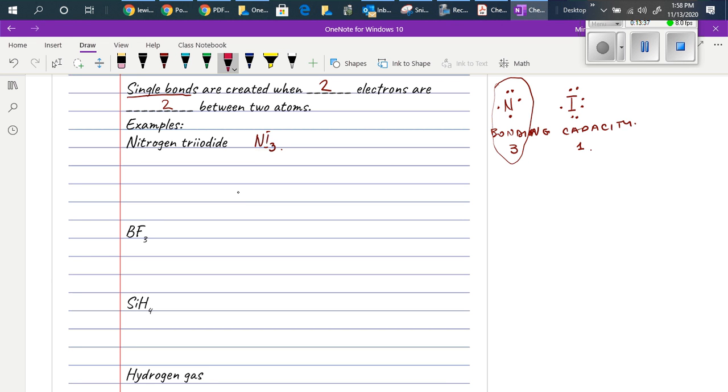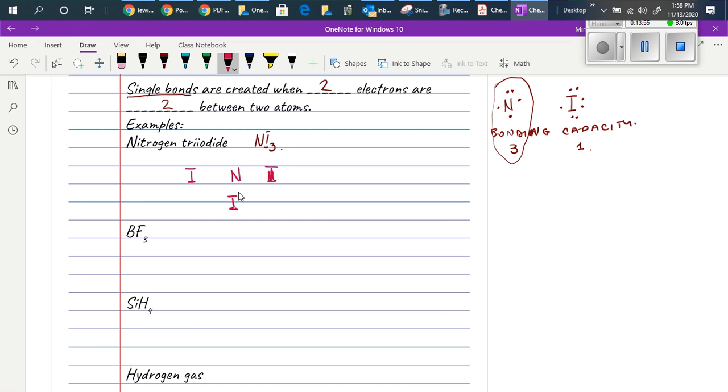So let's draw the skeleton. Nitrogen is at the center, and then we have an iodine on one side, another iodine on the other, and another iodine on the third side, to complete the 3 iodines that we have in the formula.